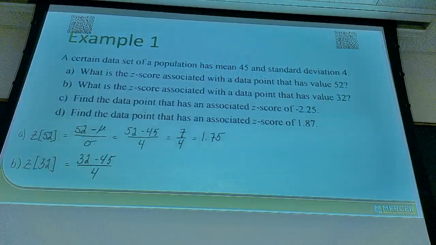It's your data point minus mean divided by standard deviation. Negative 13 over 4, which is negative 3.25.